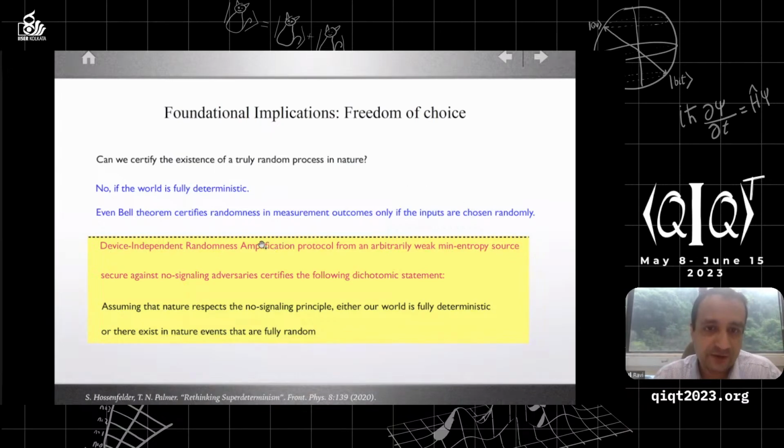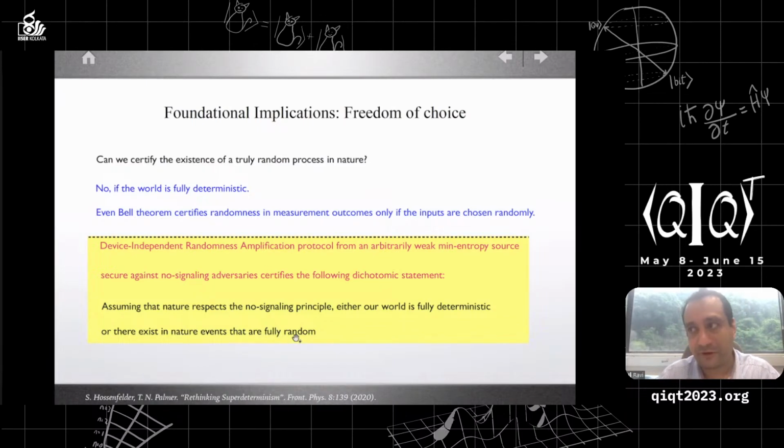So the statement you can show from a device-independent randomness amplification protocol in a fundamental sense is that, assuming nature respects the no-signaling principle, or in this case that it obeys the laws of quantum mechanics, either the world is fully deterministic, which means all inputs, everything is fully determined, or there exist in nature events that are fully random. How can you say that?